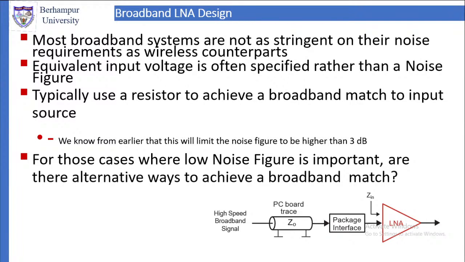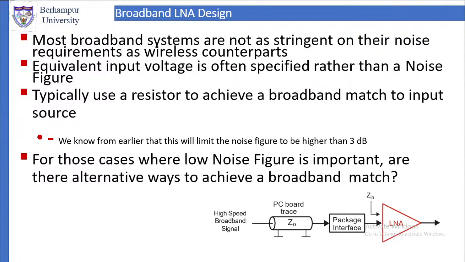Equivalent input voltage is often specified rather than the noise figure. So that is the important factor: equivalent input voltage rather than the noise figure. Typically, it uses a resistor to achieve a broadband match to the input source. Look at the figure given below.